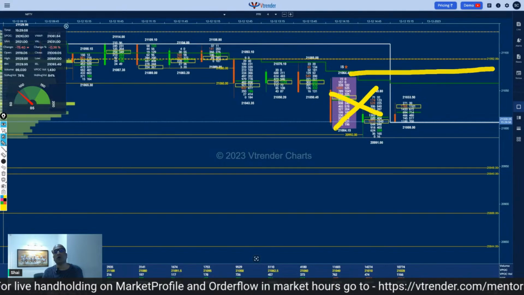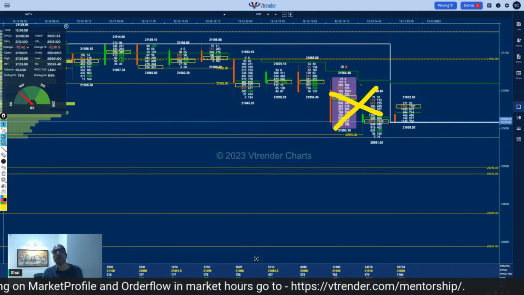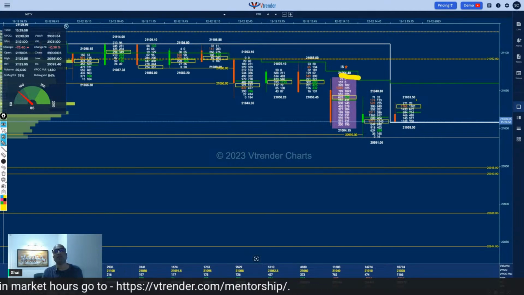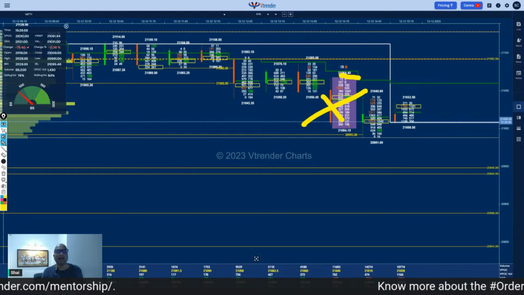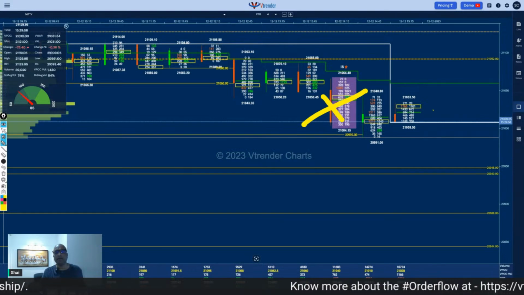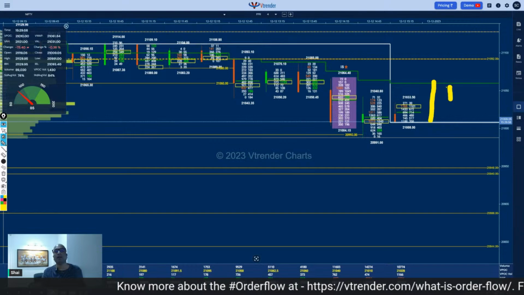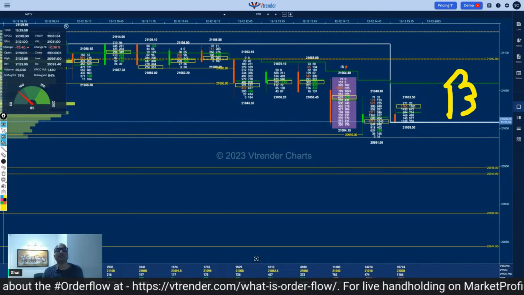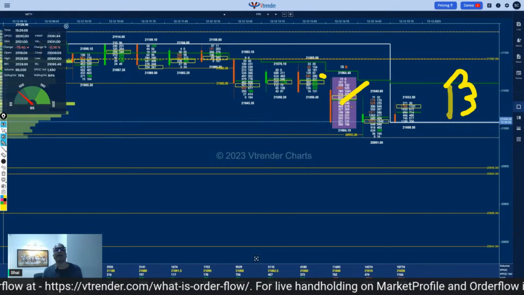This seller is no longer in the market, or he decided to give up his position, and when price went back above 21,064, this signal is not valid. And the third reason it becomes invalid is there is another IB bar, an initiative buyer, which comes in and cancels the effect of the IS bar.